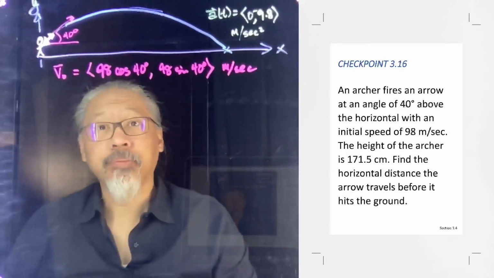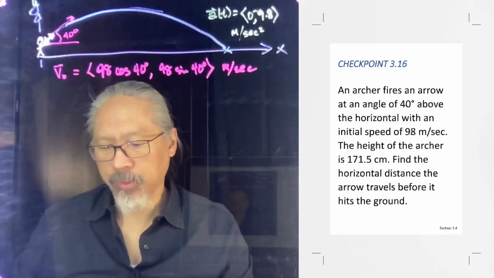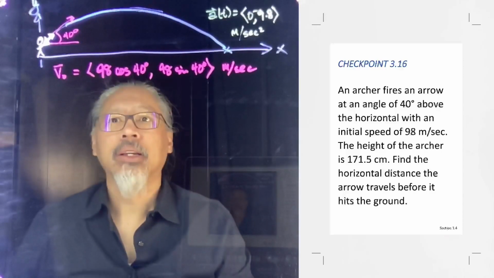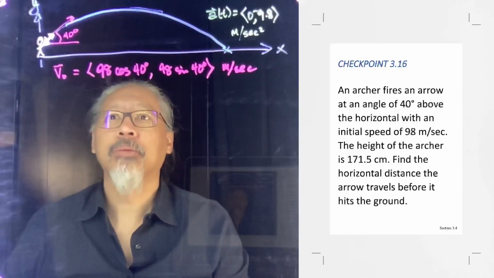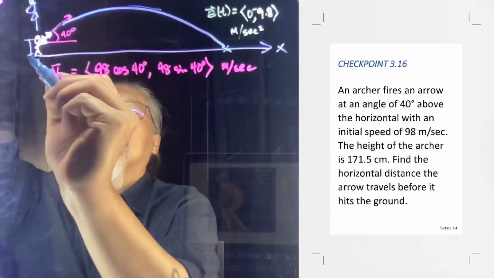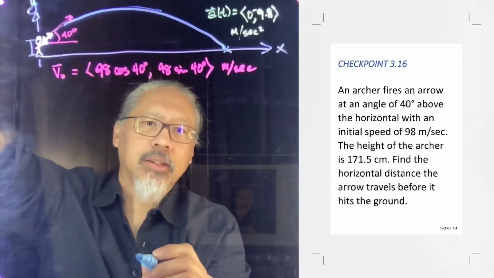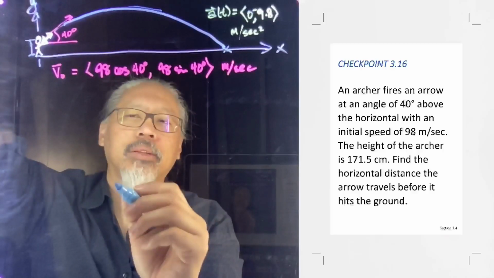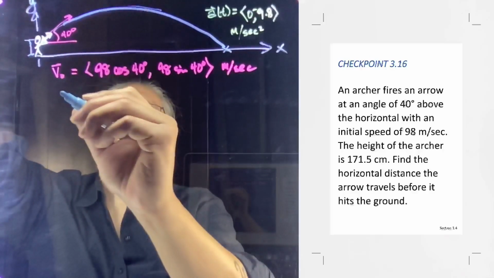That is our initial velocity. Our initial position is the height, and our height is 171.5 centimeters.